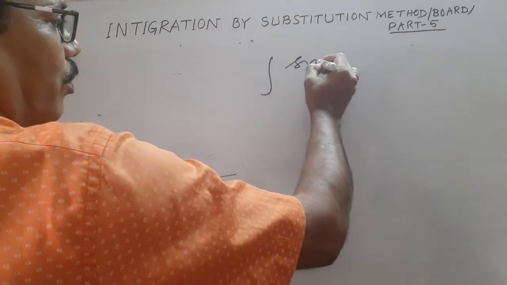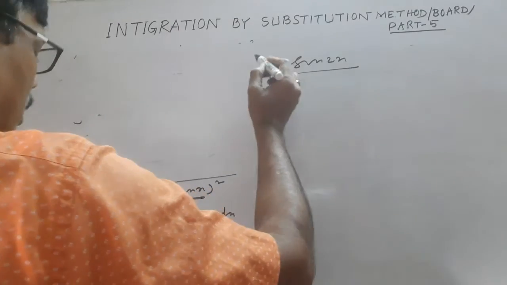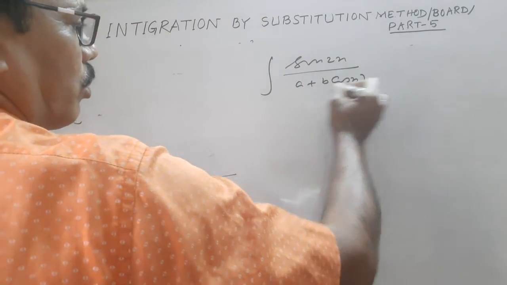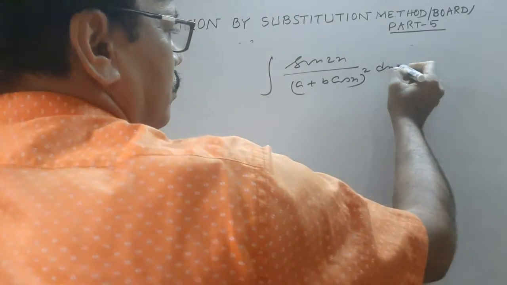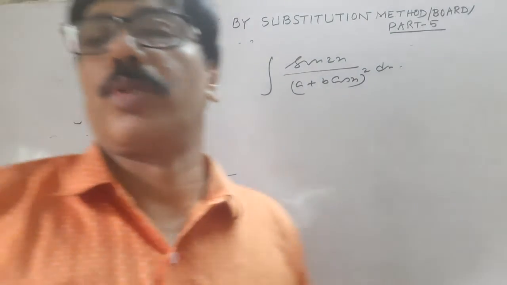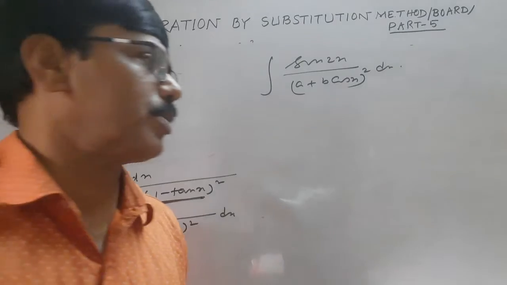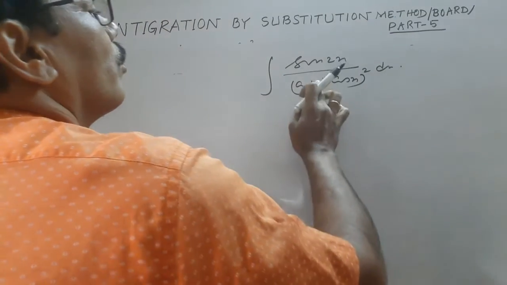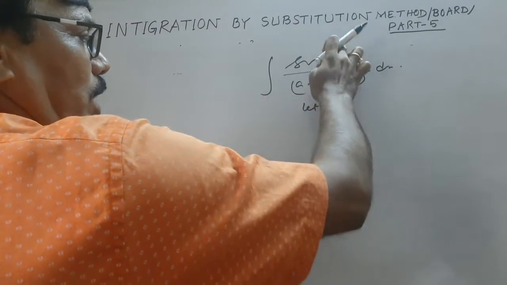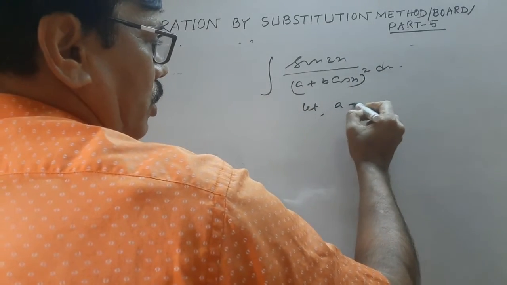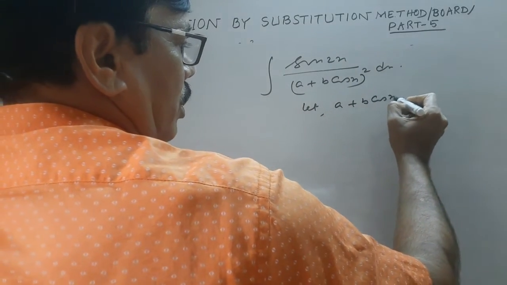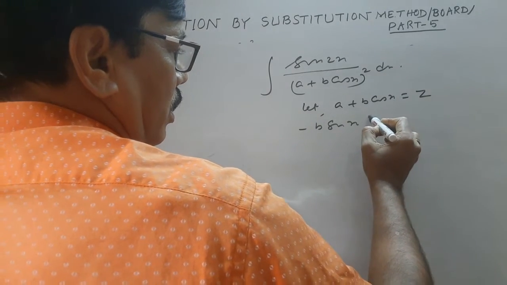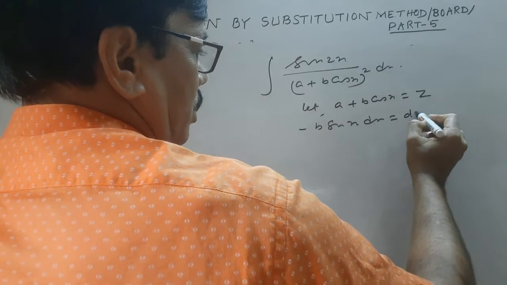Now 5: sin 2x by (a plus b cos x) whole square. So this is cos 2x, we are not getting the result. So a plus b cos x equals z, minus b sin x dx equals dz.